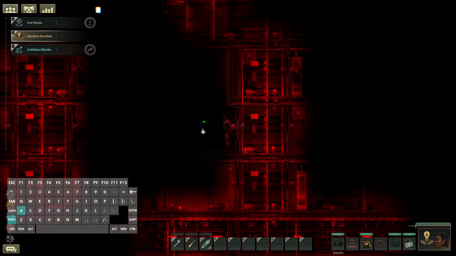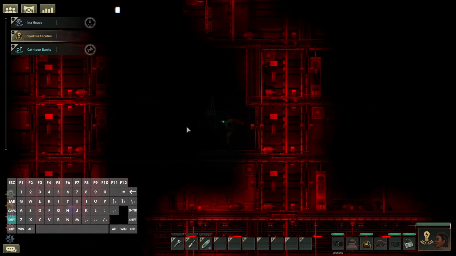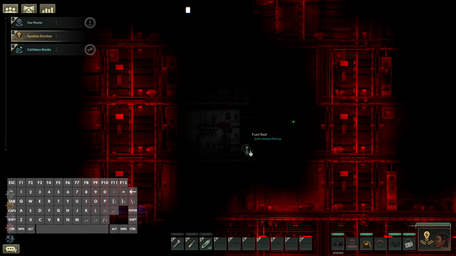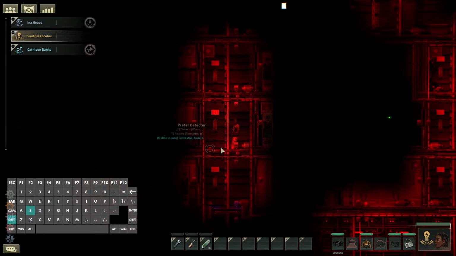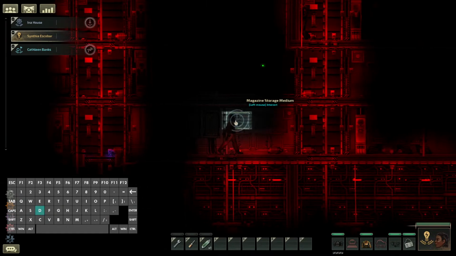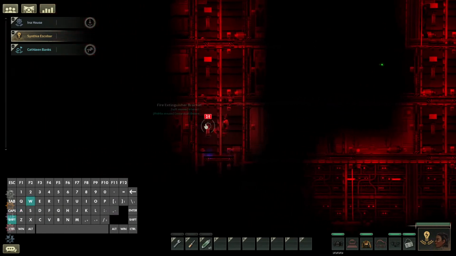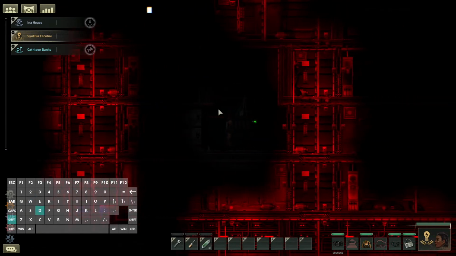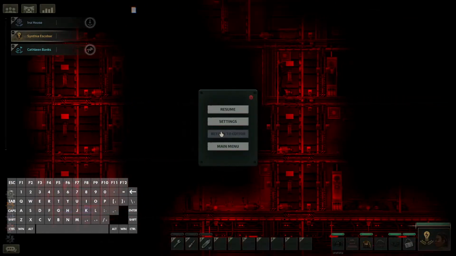Aha! Oh man, you can tell it's been a while since I've been in here. Oh, that's magazine storage, so the reactor room was up here. Sorry guys, it's not impressive when you can't see a damn thing.